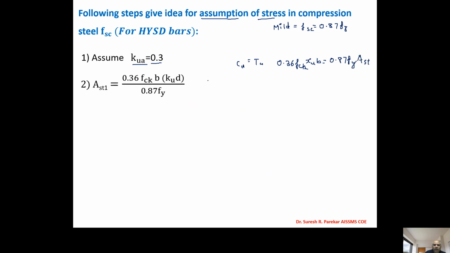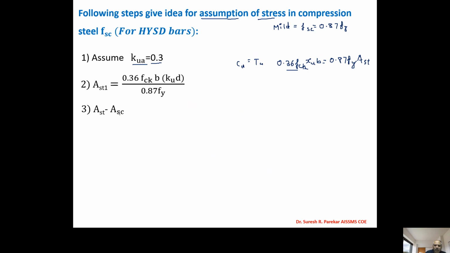From this we take the formula 0.36 FCK, XU we have Ku into D into B divided by 0.87. So we have modified this formula. And now Ku actual we are going to take as 0.3, and then we have AST minus ASC.